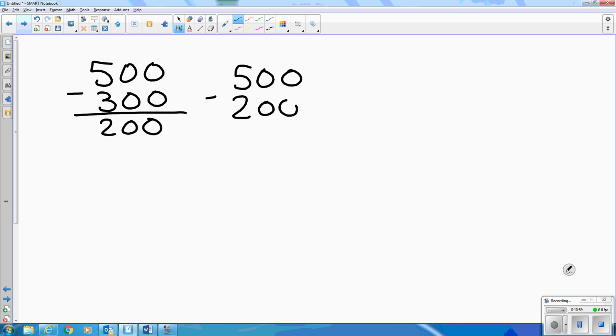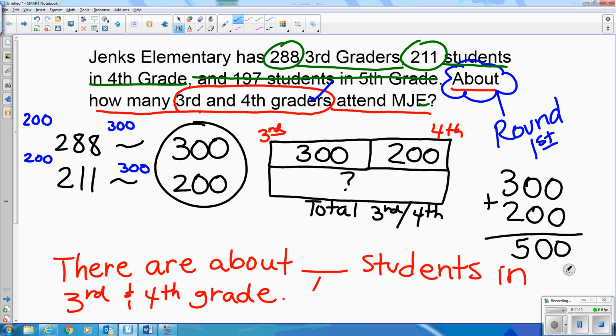Okay. Good. Very good. They're related. What would be another way we could check it? That was one tool or one strategy. How about another way, Pat? And just as a reminder, we're trying to prove that 300 plus 200 is 500. Okay. So how can we do that?